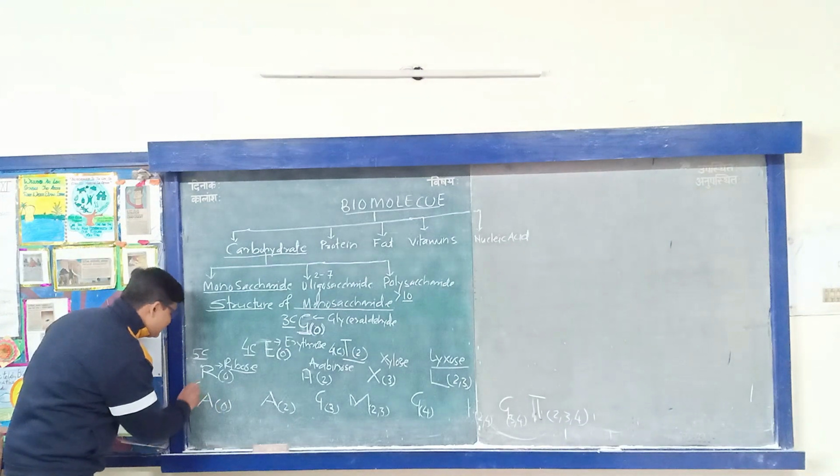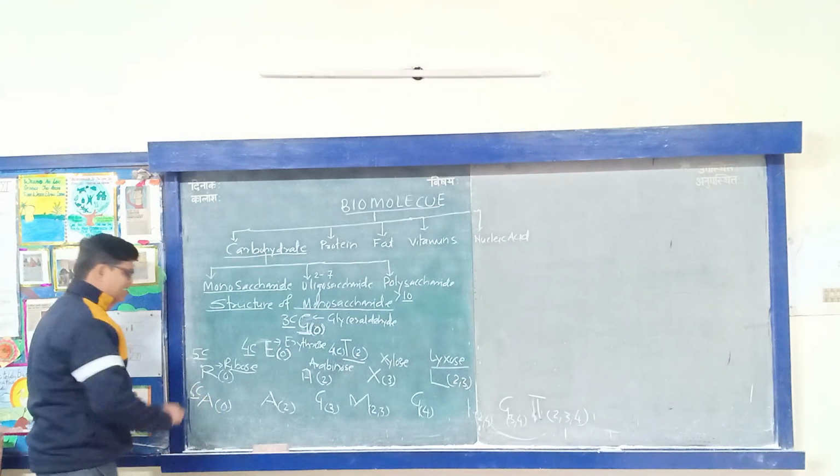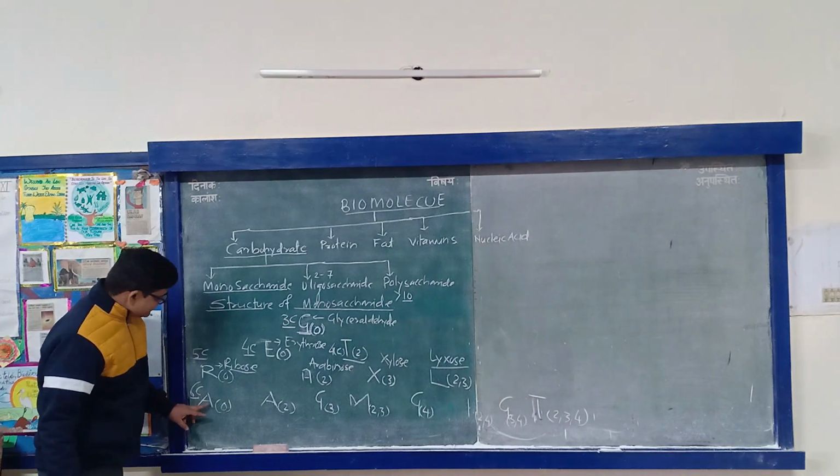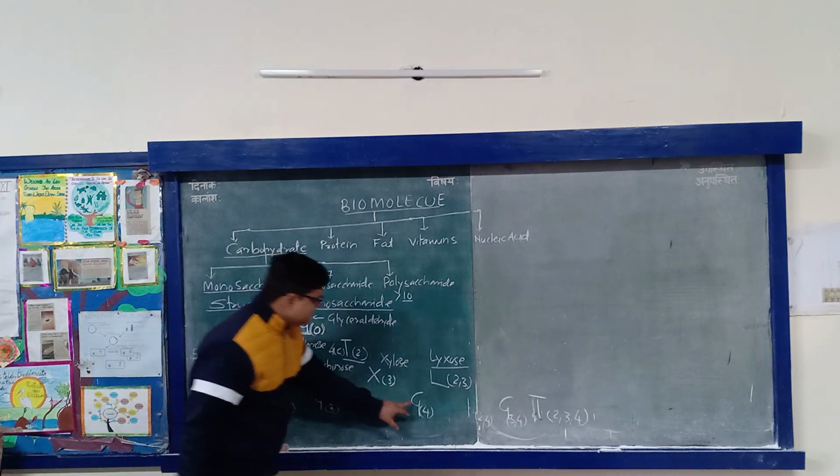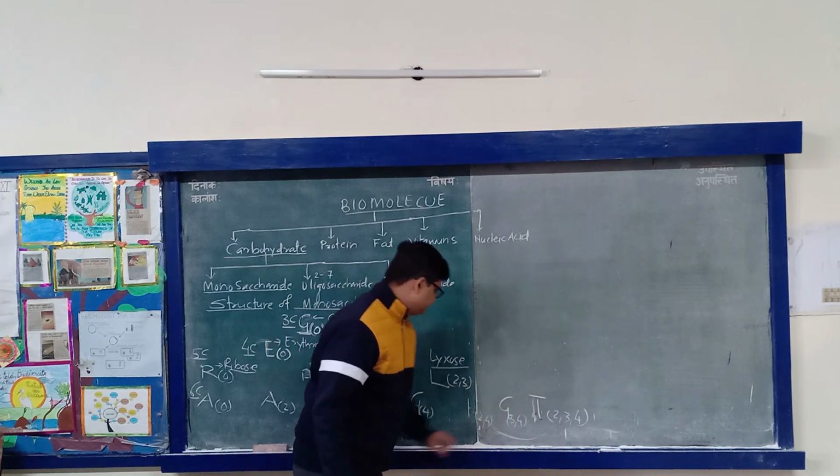Next are the 6 carbon containing monosaccharides: A, A, G, M, G, I, G, T. These are aldoses.